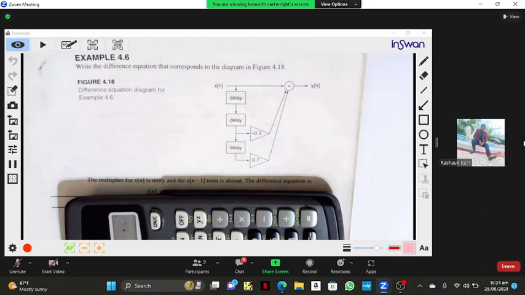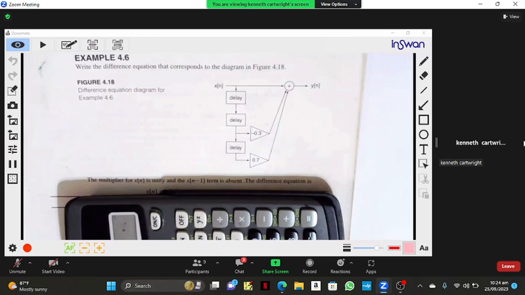I sent something in. What do you call it, the coefficients are wrong? And a delay is wrong. No, two delays are wrong.